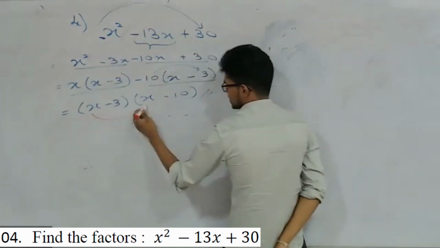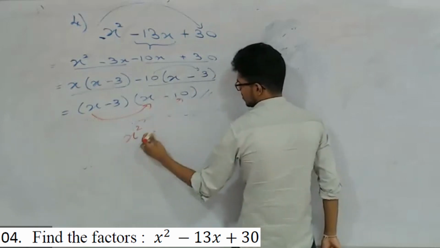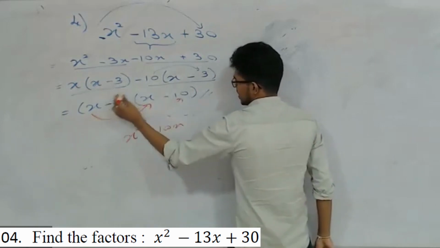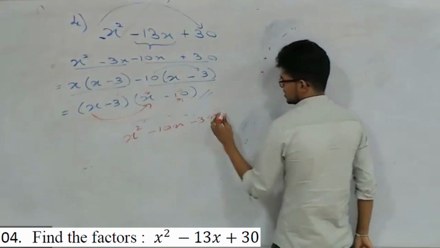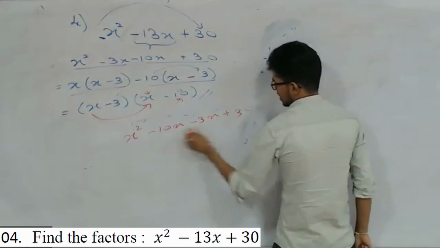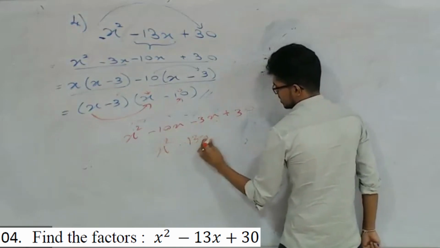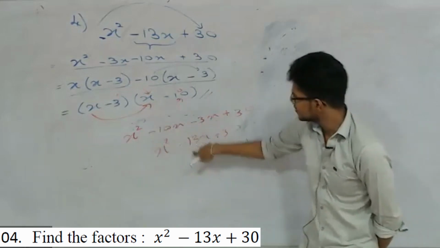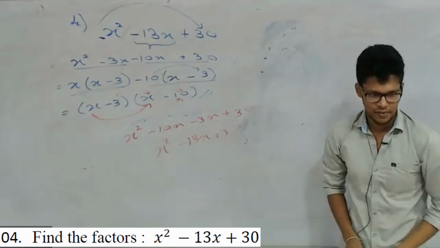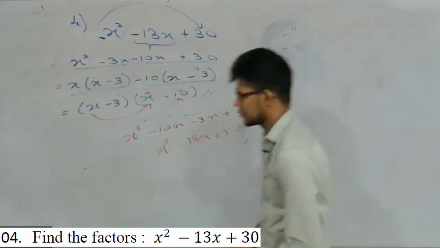Multiply x times x, x squared, x times minus 10, minus 10x, minus 3 times x, minus 3x, minus 3 times minus 10, plus 30. You can add these two guys, x squared minus 13x plus 30. So if you get this again when you remove the brackets, your answer is correct, right? So you can check this by yourself.